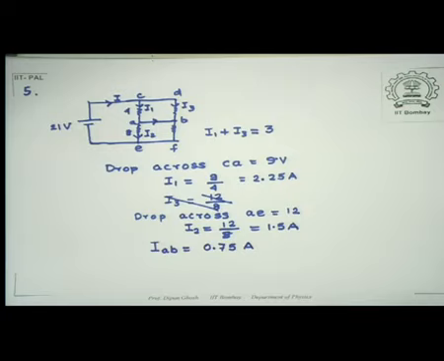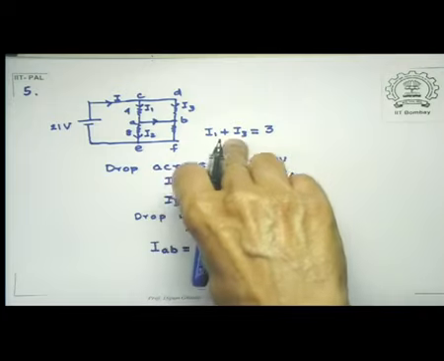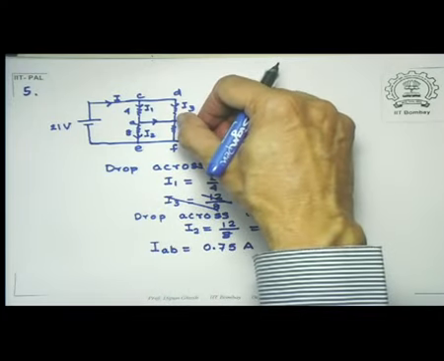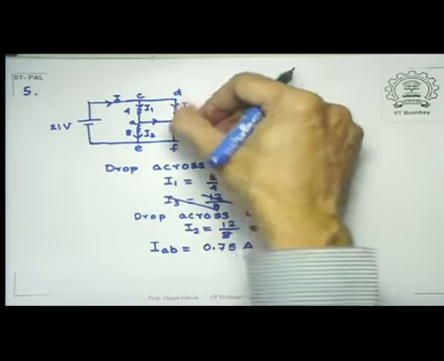Now what you can do is a consistency check by repeating this calculation here. So this drop was 9 volts.